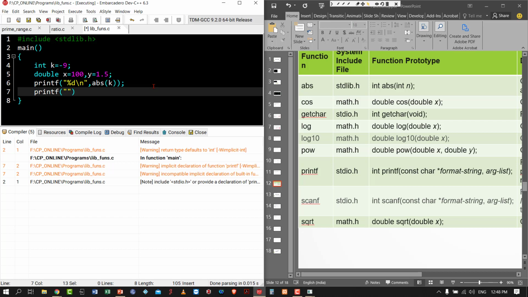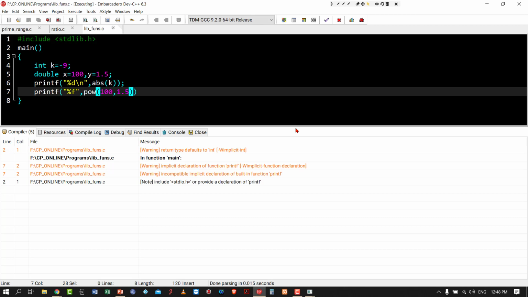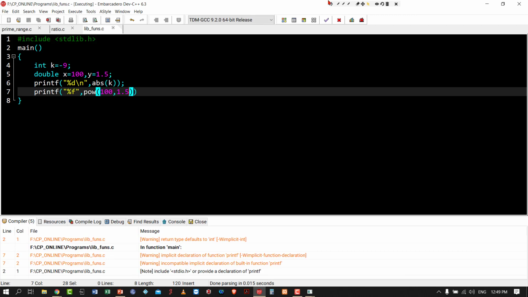Since it is double, we can use %f itself because it is a fractional number or a floating point number. Double is a larger floating point type. It can hold larger floating point numbers. So we can use %f, comma, pow of 100, comma, 1.5. pow means 100 raised to 1.5.